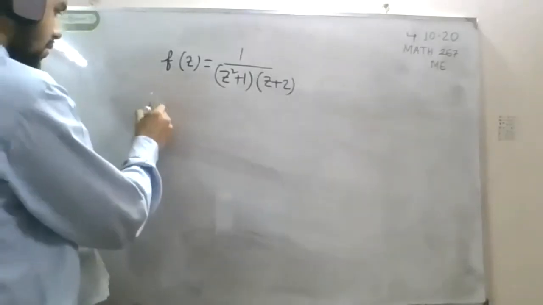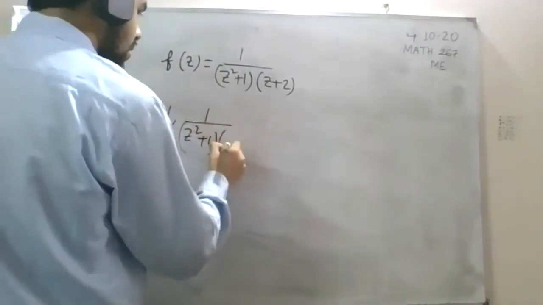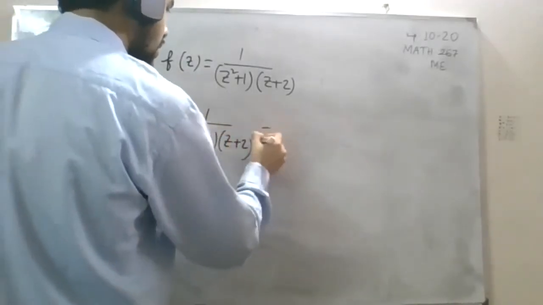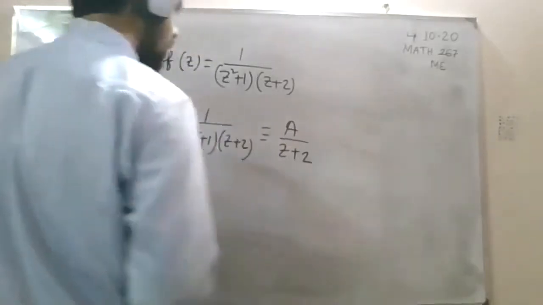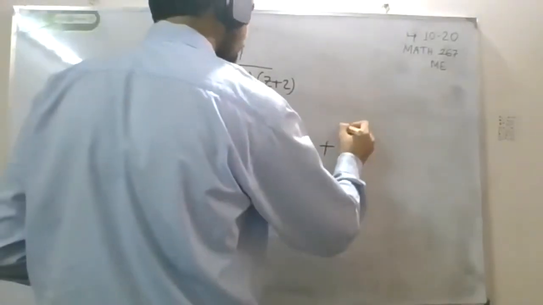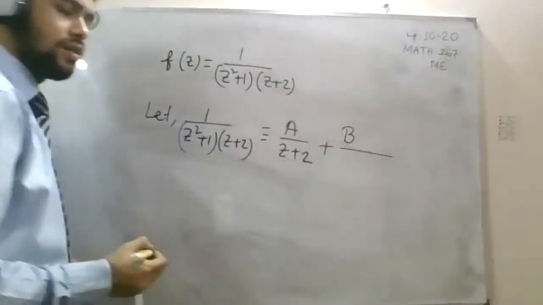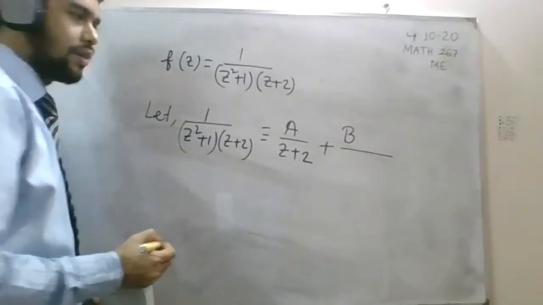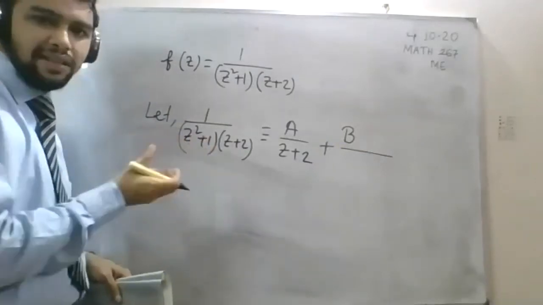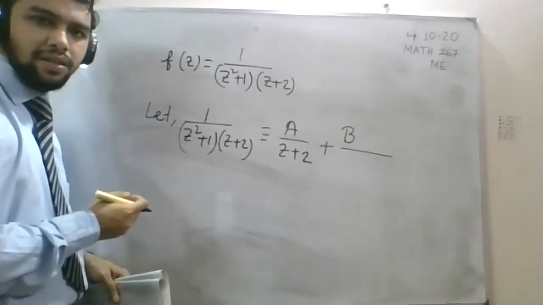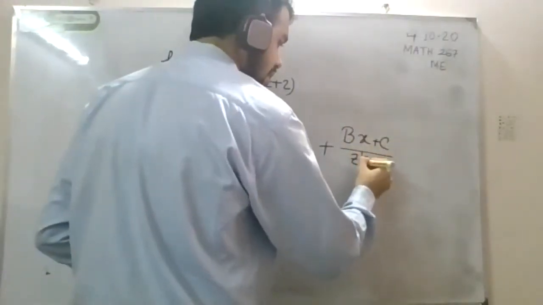So we have to consider this is a by z plus 2, and another one is what? bx plus c, sir. bx plus c divided by z square plus 1.